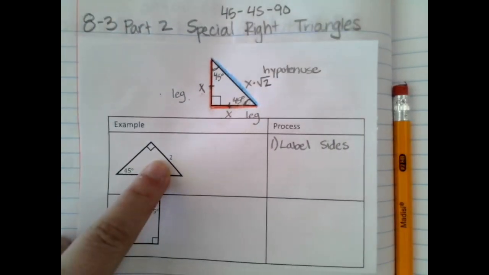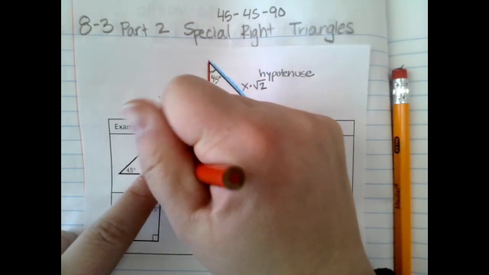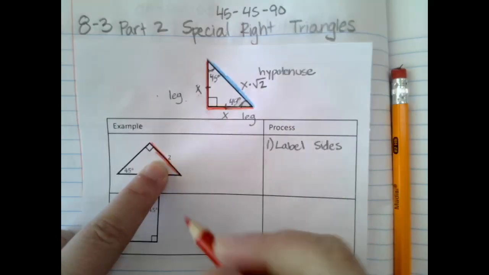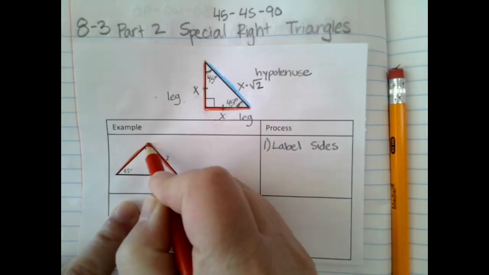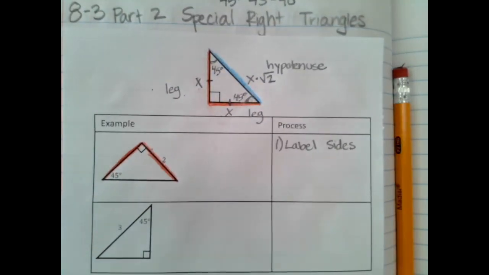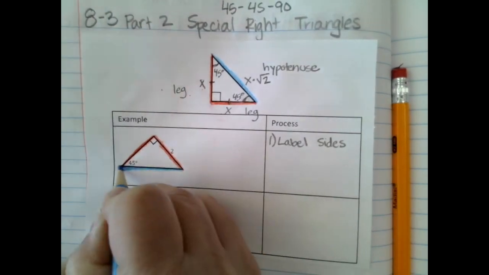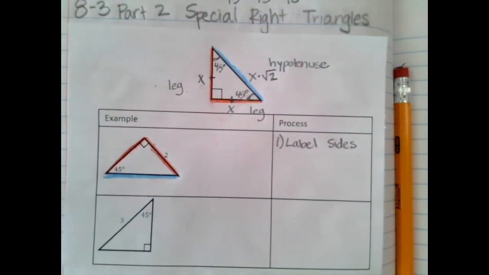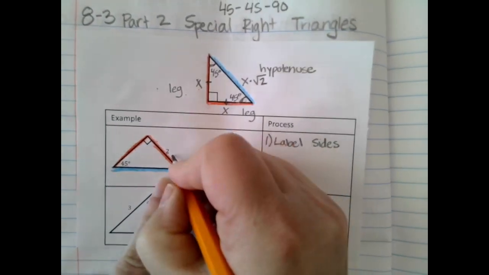So is 2 a leg or a hypotenuse? Leg. And we have another leg, which forms that 90-degree angle. And then we have our hypotenuse here. So for this leg, that's our x.